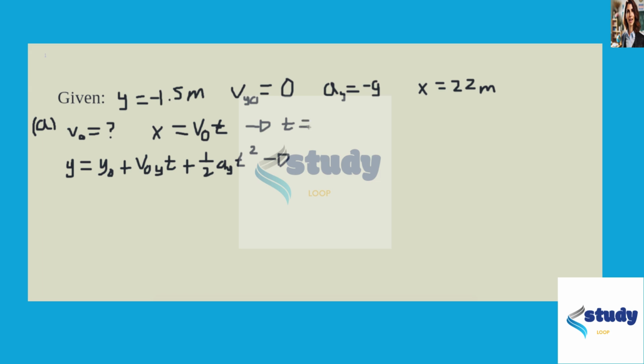Time is equal to x over v naught. So if we replace time in this equation with x over v naught, and replace the fact that y0 is equal to 0, and vy of 0 is equal to 0, we end up with y is equal to 1/2 a of y, which we can write as minus g, times t squared. But t is x over v naught, squared.